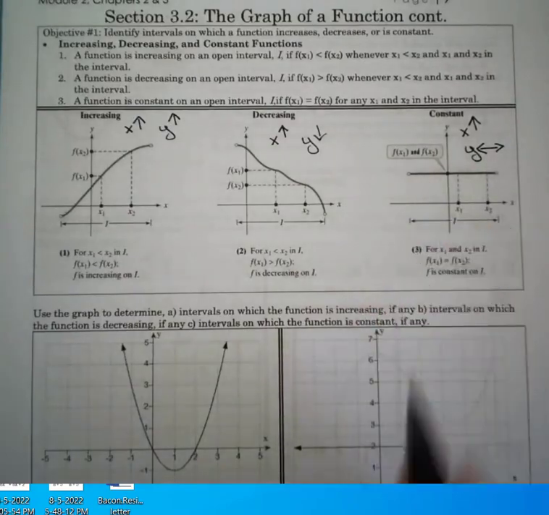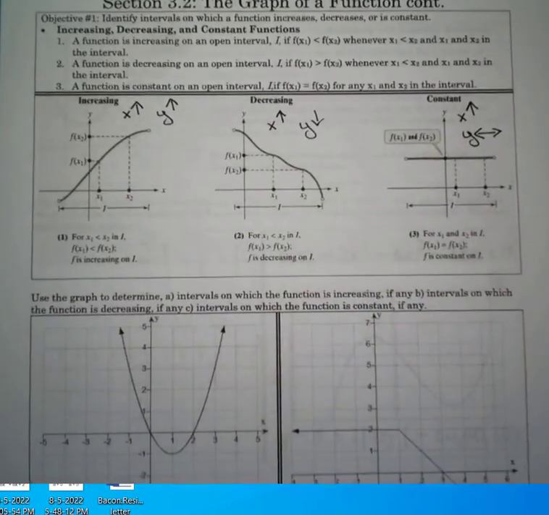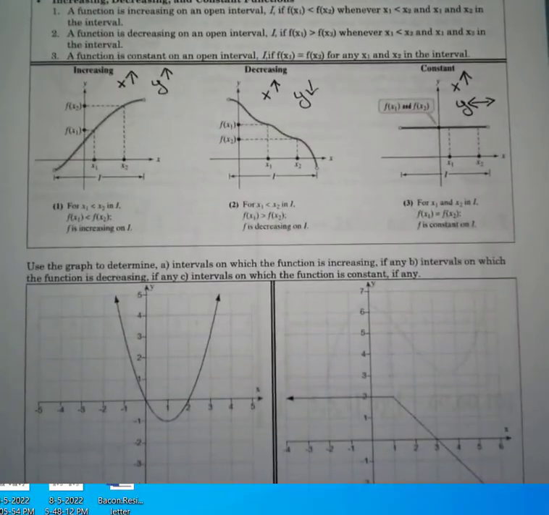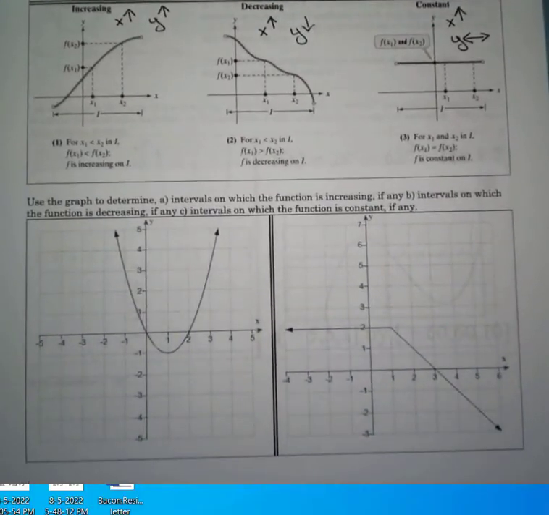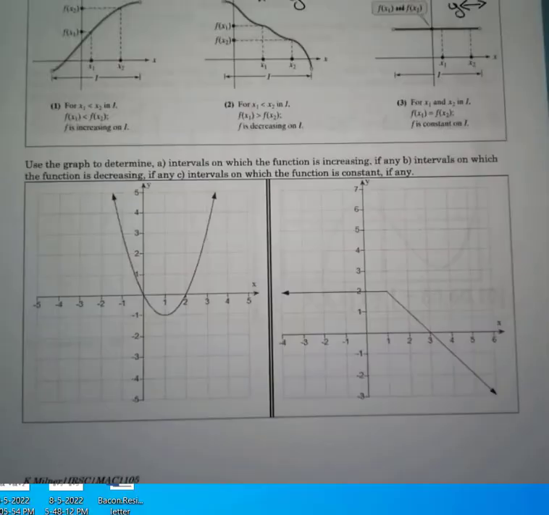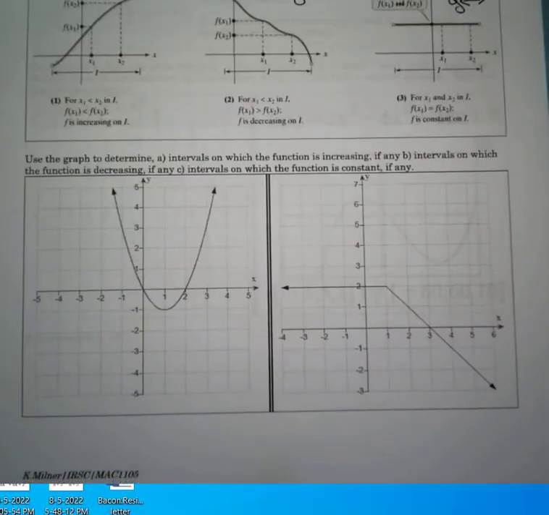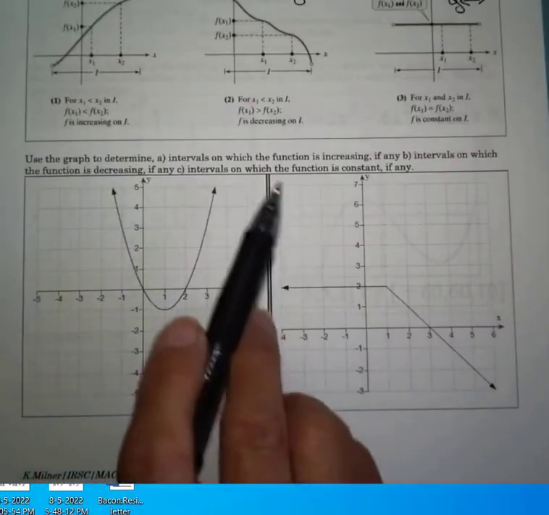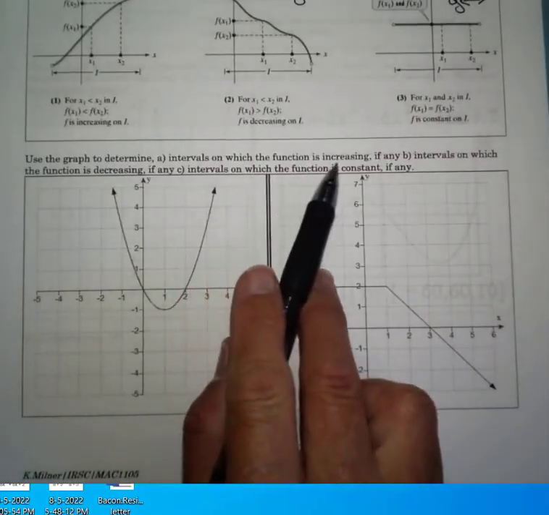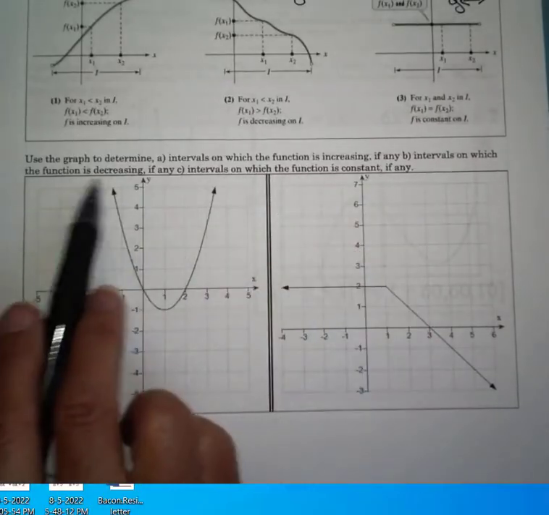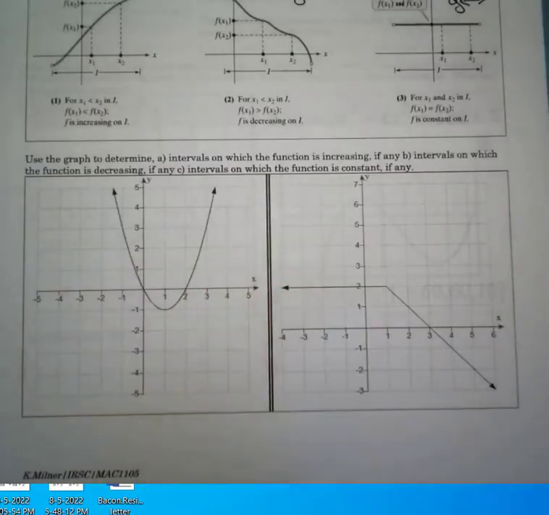So it doesn't change at all. And those are increasing, decreasing, and constant functions that you want to get used to that terminology. Let's take a look at these graphs and see if we can identify intervals on which the function is increasing and intervals in which it is decreasing, and intervals maybe where it is constant. So those are our A's and B's and C's.